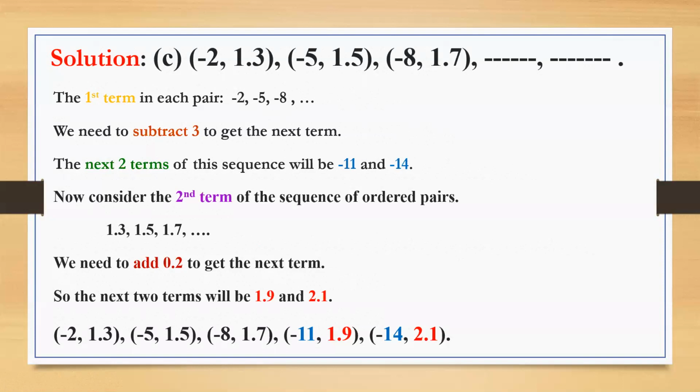Now, the second terms are 1.3, 1.5, 1.7. Here we are adding 0.2 to get the next term, so the next two terms will be 1.9 and 2.1. So finally, we have our answers here.